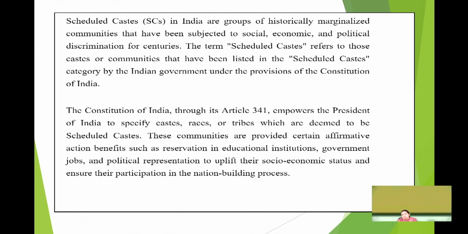They have been subjected to social, economic and political discrimination for centuries. The term scheduled caste refers to those castes or communities that have been listed in the scheduled caste categories by the Indian government. As I told you, these are the groups of castes who were listed under a particular schedule and under a particular category, categorized into a certain group by the Indian government under the provisions of the Constitution of India.